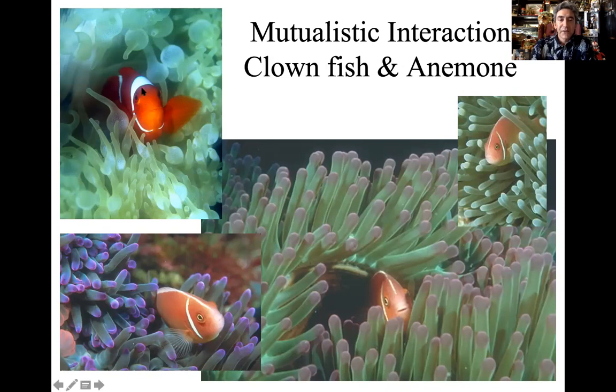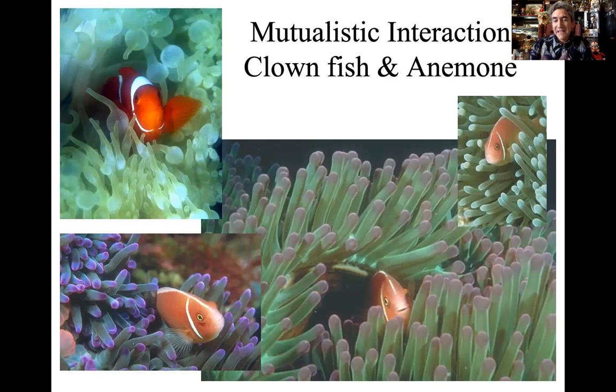The large vertebrate, the clownfish, has a protective layer of mucus biochemicals around its body that prevents these things from being triggered. So they can swim within these tentacles. They don't get injured. They don't get stung. They've built up tolerance over time. We talk about selection and that kind of idea.